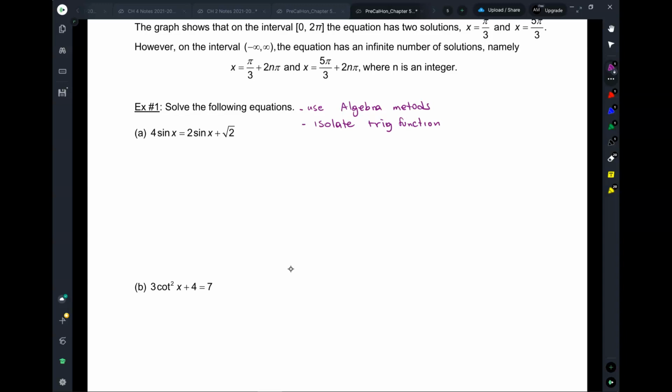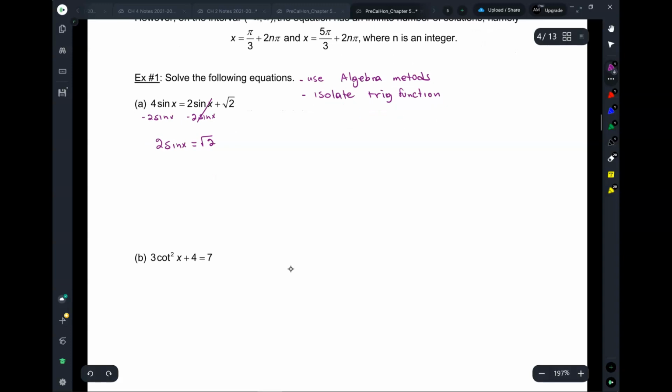Well, how can I solve this? I can subtract 2 sine x from both sides, right? So minus 2 sine x, minus 2 sine x. So I have 2 sine x equal to root 2.